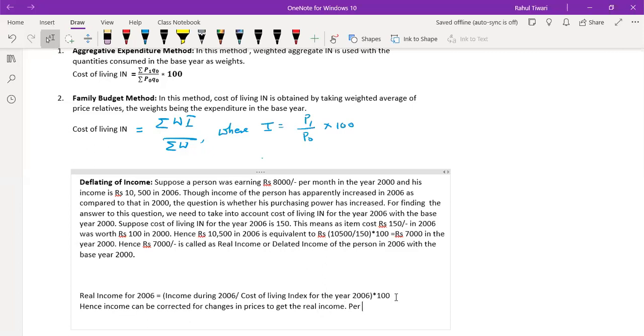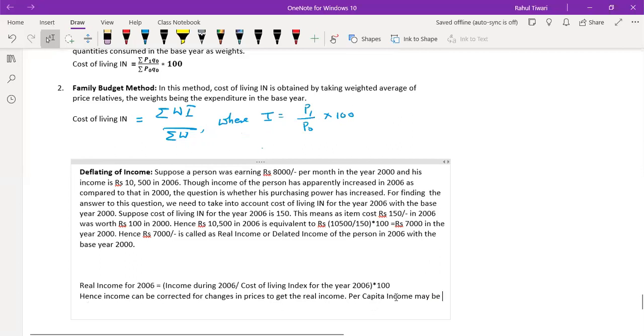So per capita income may be corrected for changes in the cost of living index to get real per capita income.